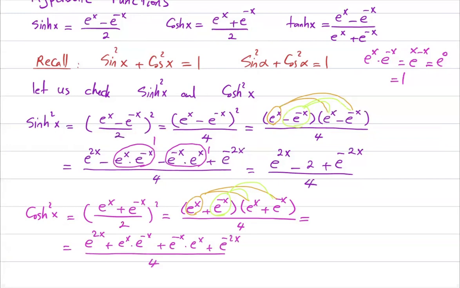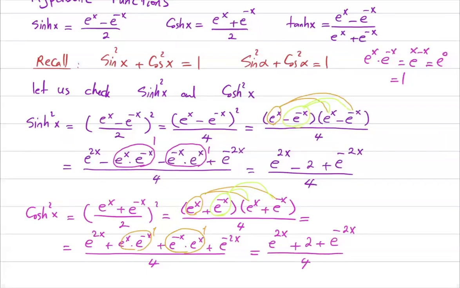And as you remember, these are all equal to 1. So you can simplify this into e to 2x plus 2 plus e to the power minus 2x divided by 4.